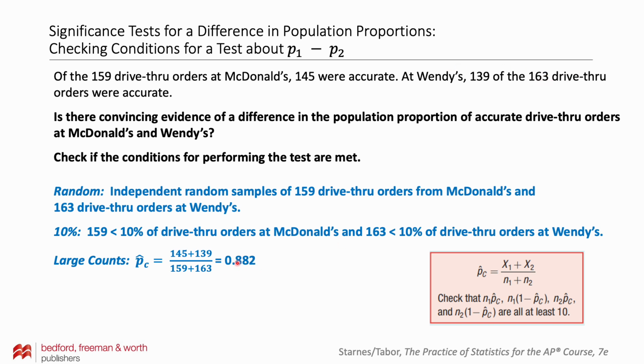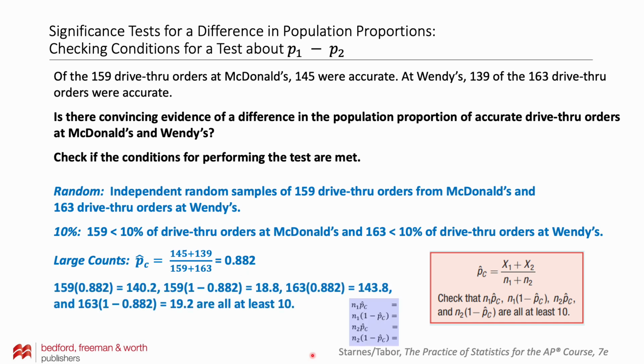So this is the pooled combined proportion that we need to now use for the large counts. When we're working with the difference between two, we do need to make sure that we're using the combined.